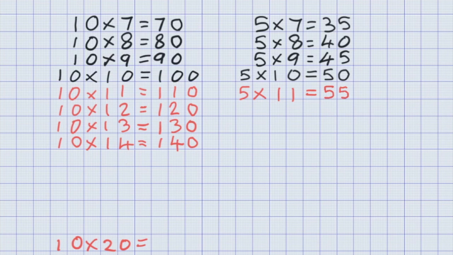And we can also look at the answers here. The patterns are, we skip counting in 5s, aren't we? Okay, so you're going to finish off this table all the way up to 5 times 20. Okay, right, good luck with that.